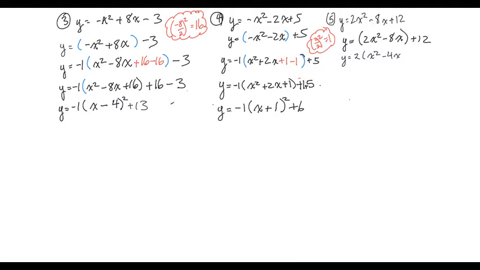Now, plus 12. So now you notice the b term that we have here is minus 4. So in order to get what we're looking for, we're going to have to take minus 4, divide it by 2 and square it. And that ends up being 4.